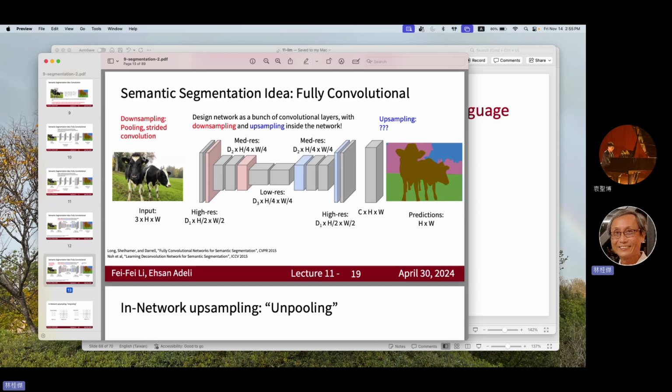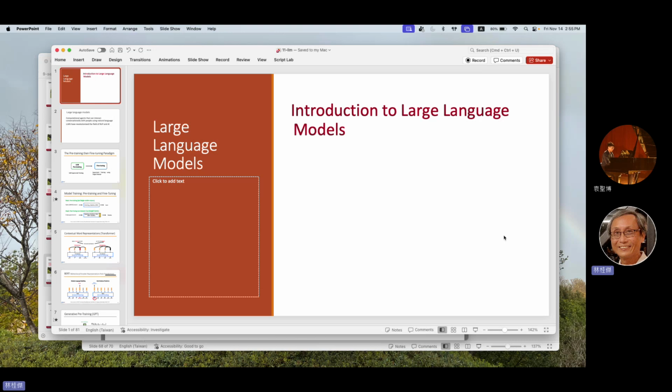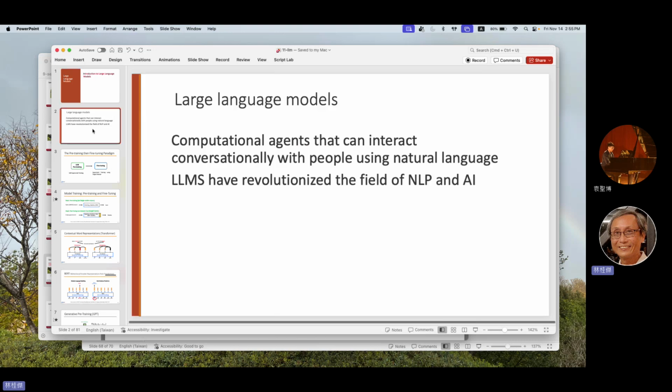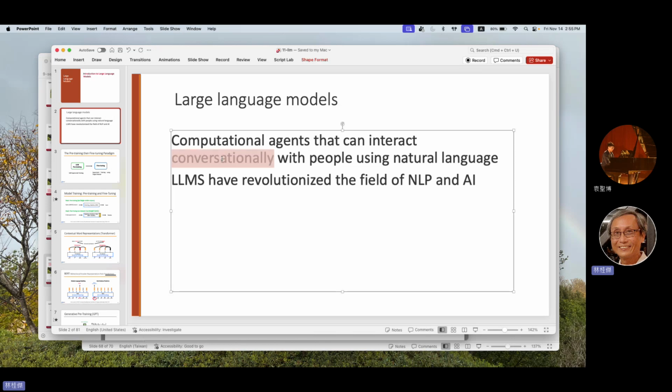Okay, so that process of downsampling is to capture the meaning of your question. Upsampling is to expand the knowledge into something that you are trying to answer, and that is defined to be the large language model. So a large language model is simply a machine model which can interact conversationally with humans using natural language.